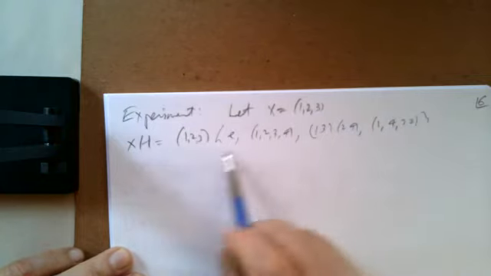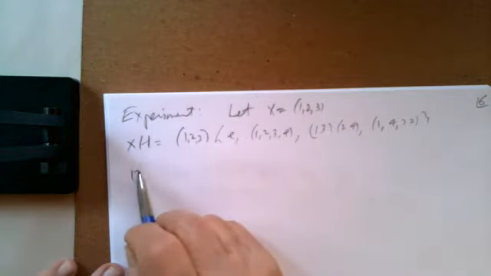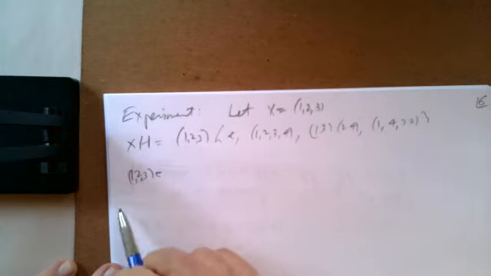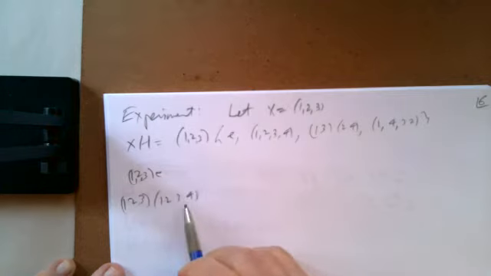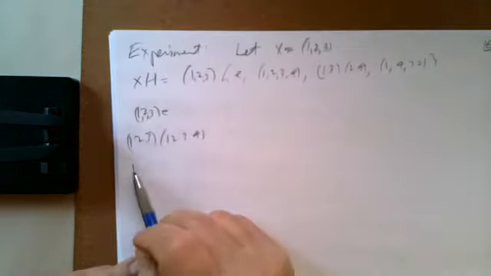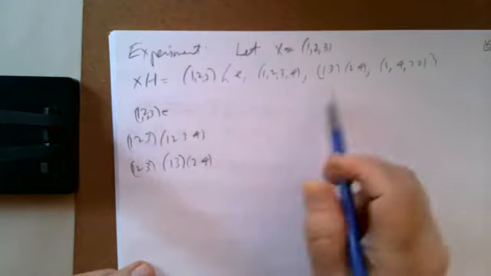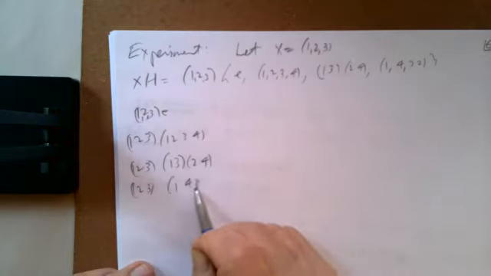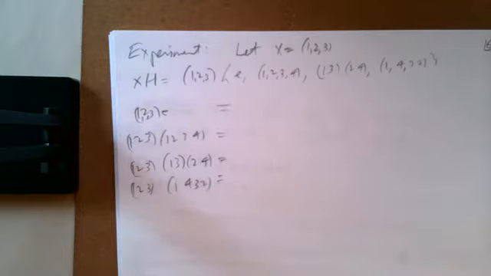So we have to calculate each of these. We have 4 elements: (1 2 3) times the identity, (1 2 3) times (1 2 3 4), (1 2 3) times (1 3 2 4), and (1 2 3) times (1 4 3 2). So we need to compute these.